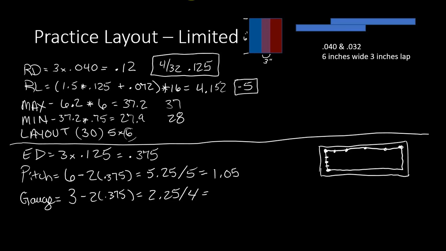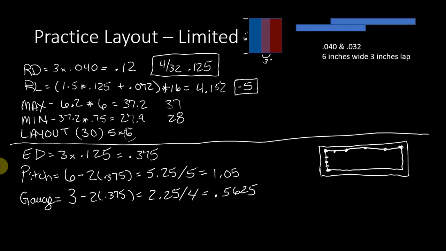And I get 0.5625. I'll just throw it in there. You can't measure down to 10 thousandths and mark. Any mark you put on your metal is going to be thicker than that. So I would have left it at like 0.56 and just use that for my measuring.